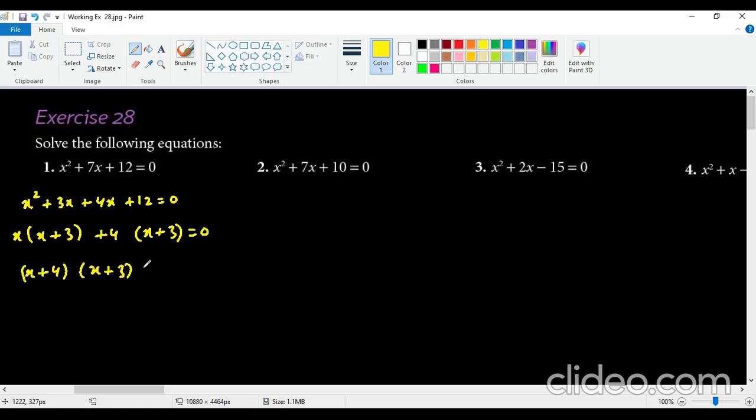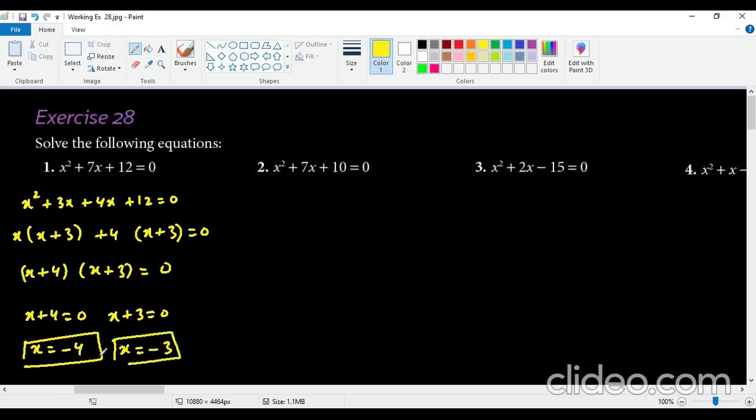Now here we find the value of x. x plus 4 equals 0, and x plus 3 also equals 0. That means the value of x is going to be equal to negative 4, or x equals negative 3. So these are going to be the values. In the answer you may write minus 4 and minus 3.